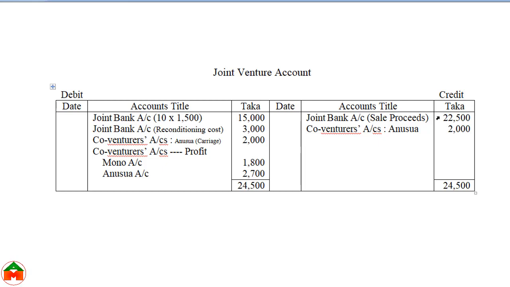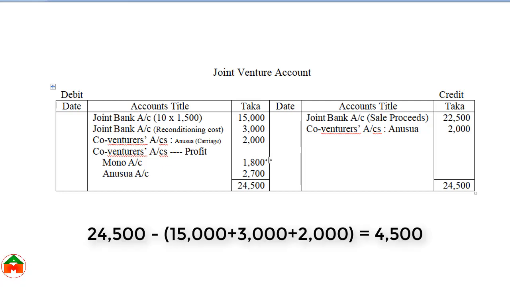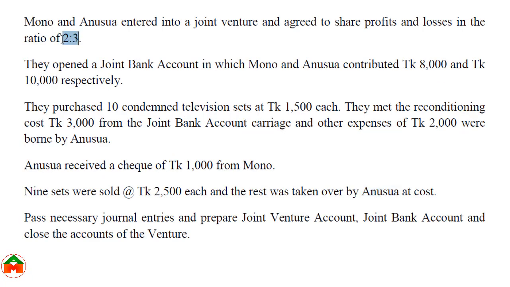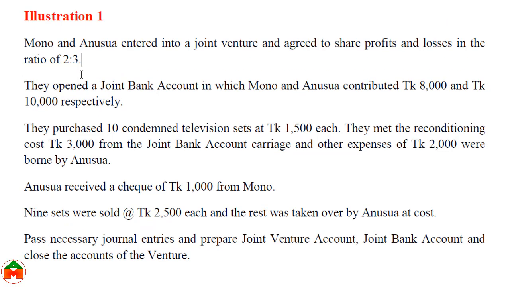Whenever there is a higher credit side, then the balancing figure should be shown as profit. Here the balancing figure is 4,500, and this 4,500 is distributed to Mono and Anusha in the ratio of 2:3. Since total profit is 4,500, this should be distributed in the ratio of 2:3.